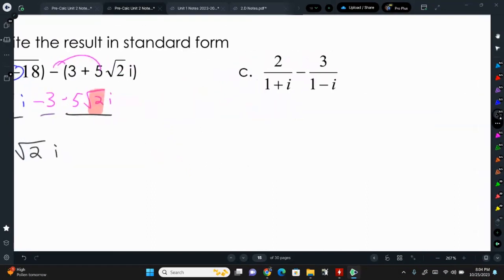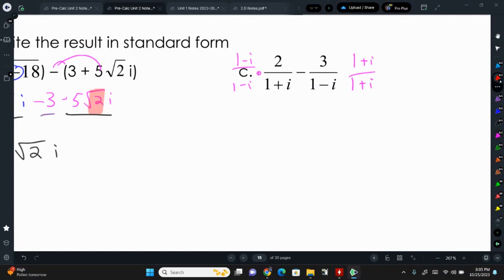Now, example C, we are subtracting two fractions. The first thing we want to do is get a common denominator between them, which means multiplying the first one by 1 minus i over 1 minus i, and the second one by 1 plus i over 1 plus i.